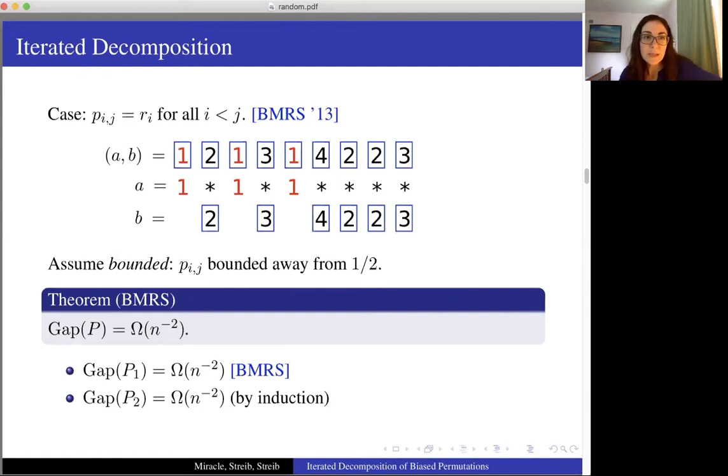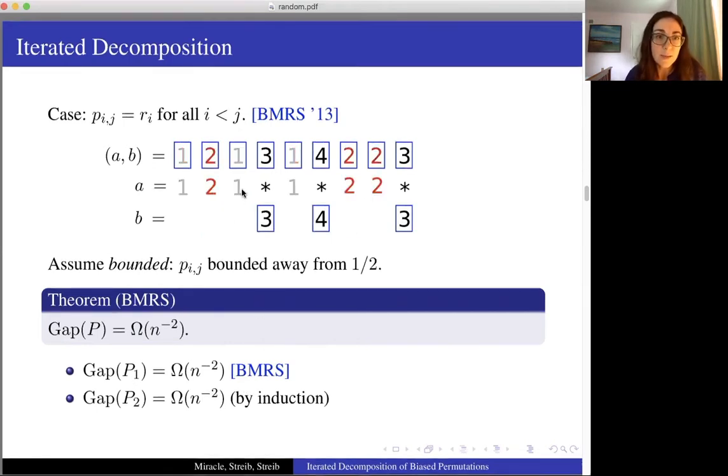Okay, so you can use this. If you go back to this case, you can do an iterated analysis where you first analyze the gap for the ones. And what we showed was that the gap was 1 over n squared for the ones. And then you can fix the location of the ones and redefine A and B so that now A fixes the location, A moves the 2's around, and B has elements of higher order.